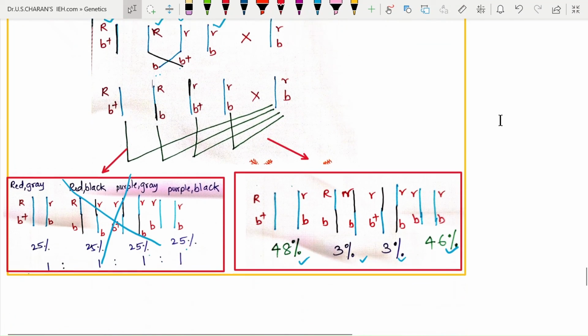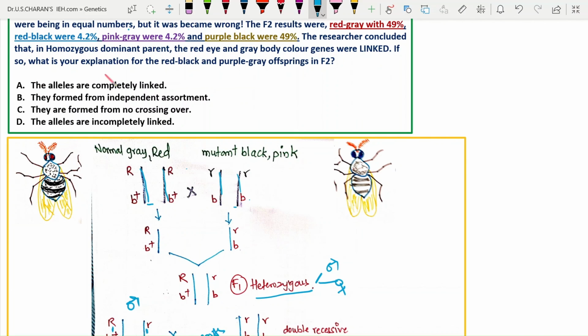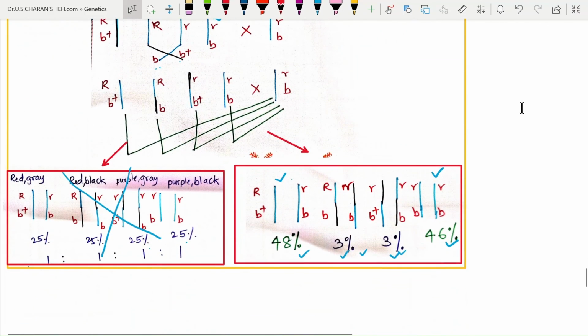So the majority are parental types and a few genotypes are recombinants. If so, what is your explanation for the red black and pink grey offspring?